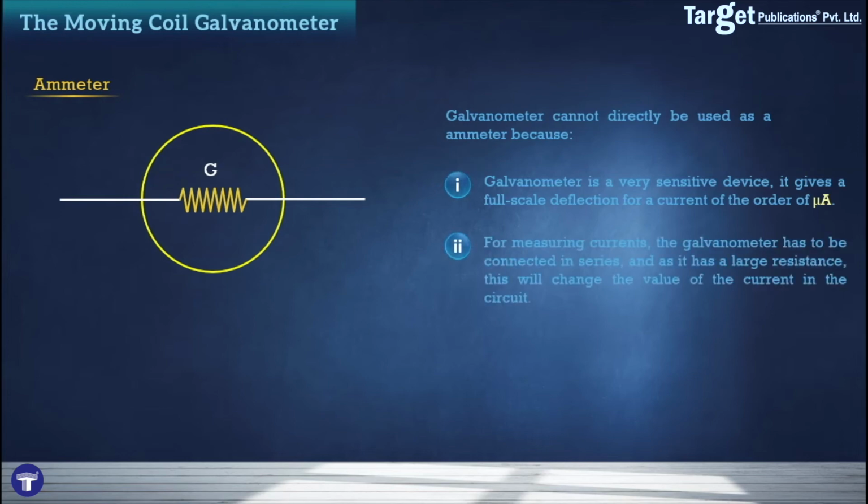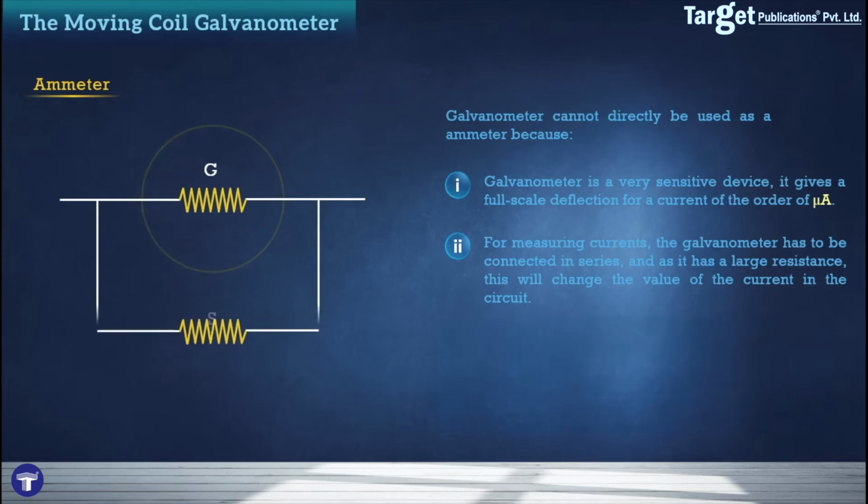And the second reason is that because the MCG itself has a very large resistance, there could be a change in the value of the current in the circuit. So you don't want to affect the current that you're trying to measure. So because you don't want to change the current value that you are trying to measure, what you do is you take another resistance and you place it in parallel to the galvanometer, and such a resistance is known as shunt.